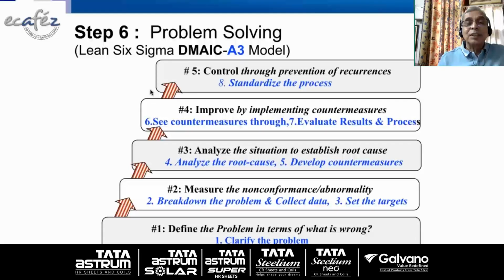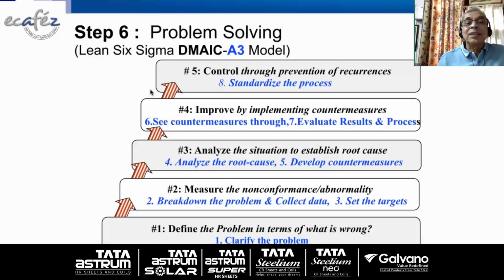The second phase is measure the non-conformance and abnormality in the processes, where A3 involves breaking down the problem, collecting data, and setting the target. In the DMAIC approach, the third phase is analyze the situation and establish the root cause, and with A3 we develop countermeasures and reach the root cause.